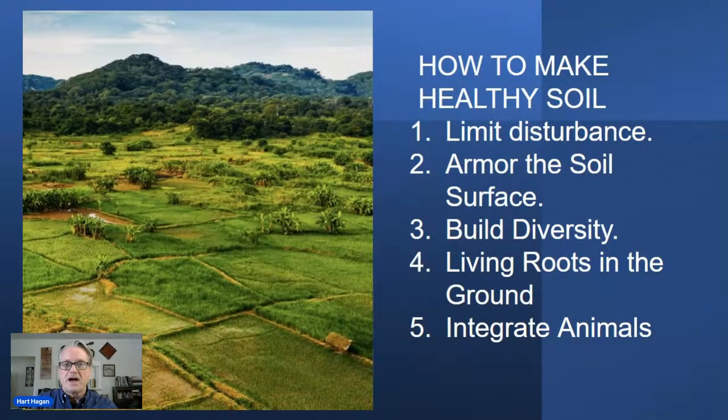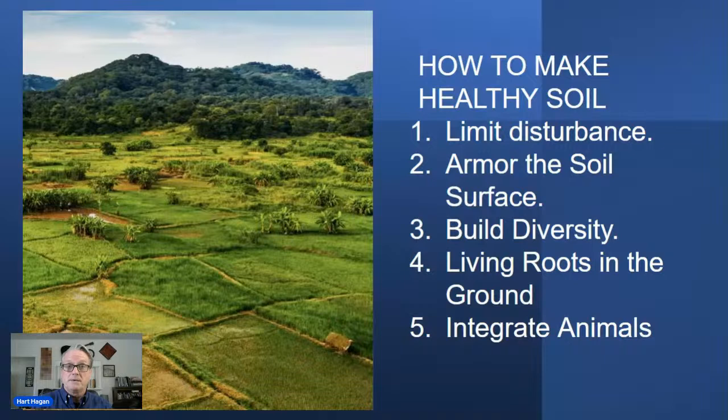And it is 5 principles. Number 1, limit disturbance. So that means limit physical disturbance and limit chemical disturbance. Physical disturbance mainly means tillage. We want to limit tillage.